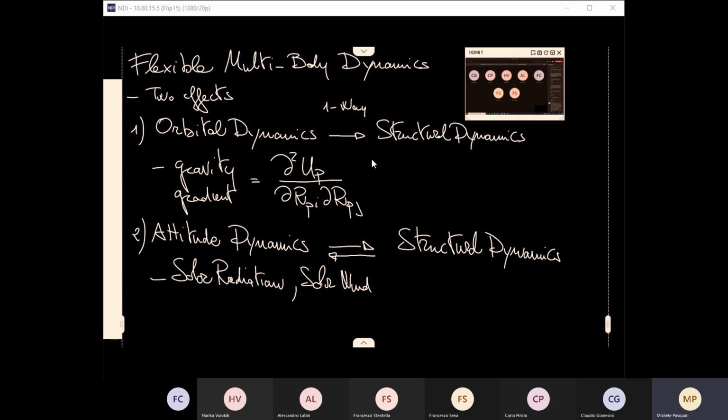If you want to describe your spacecraft as a mere point mass, disregarding its flexibility, there has to be at least one order of magnitude of difference between the modes and frequencies associated to the structural dynamics and those associated to attitude dynamics. This is what I'm saying.